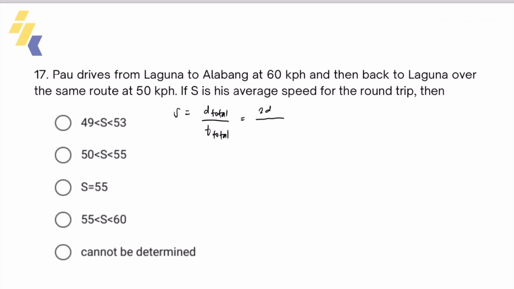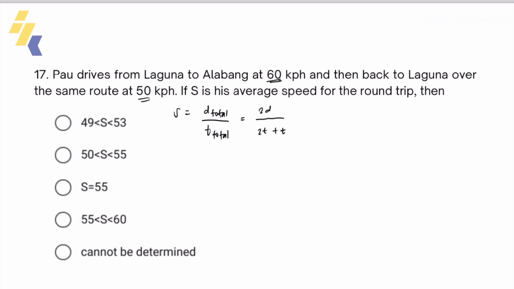Then we have yung time is, sabihin natin, it is 2t plus another t. Bakit? Kasi yung travel going back is slower. See? Going to Alabang is 60 while going back is just 50.